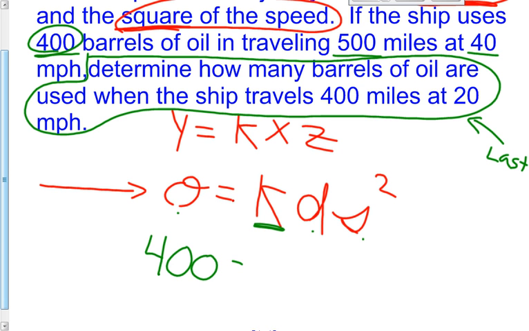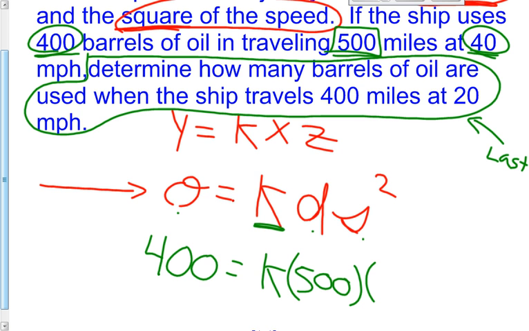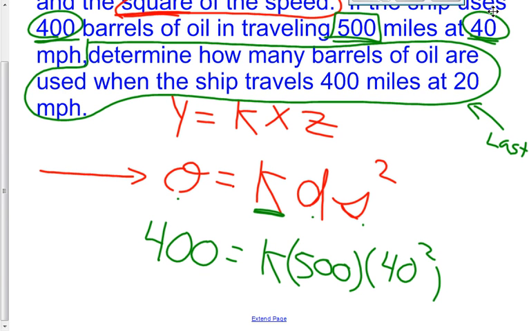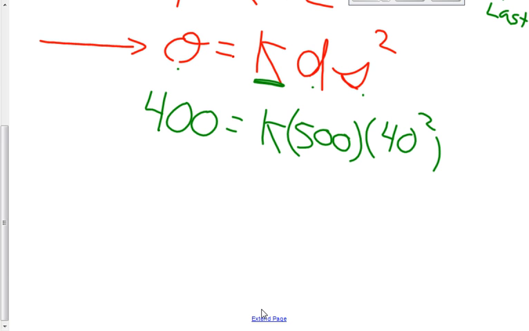400 goes over there. That equals K times the distance. The distance is 500 times the speed squared. So 40 miles per hour is our speed. So 40 squared. You're going to want to take out your calculator for this part. The first thing we're going to do here is square 40.